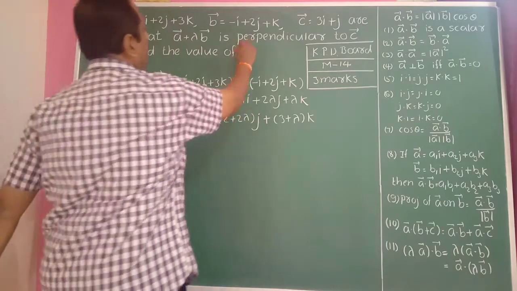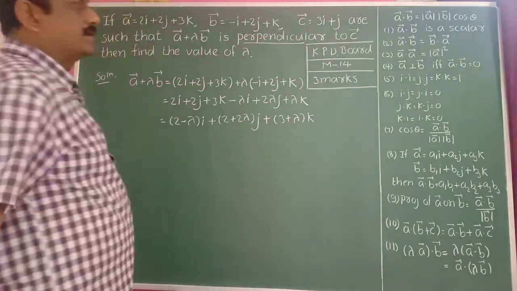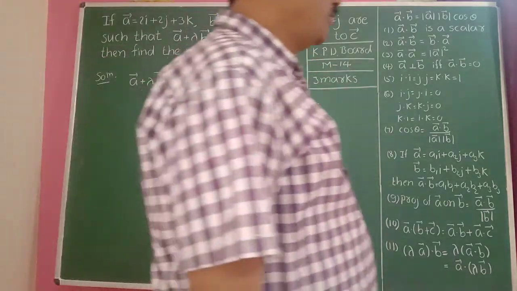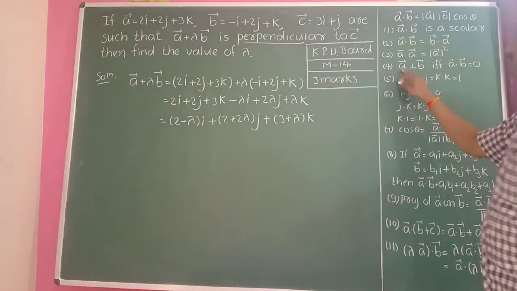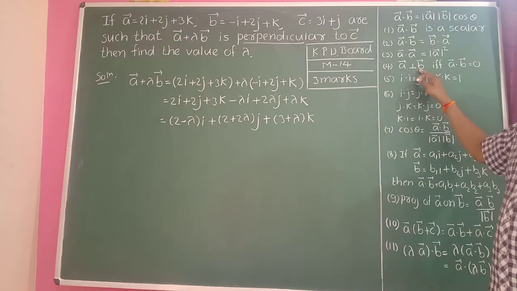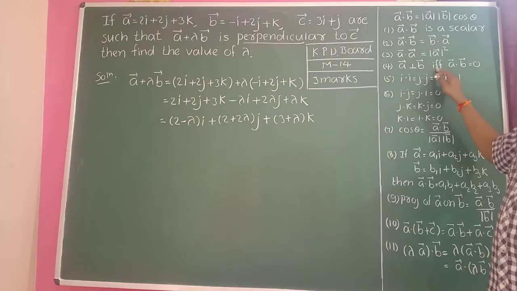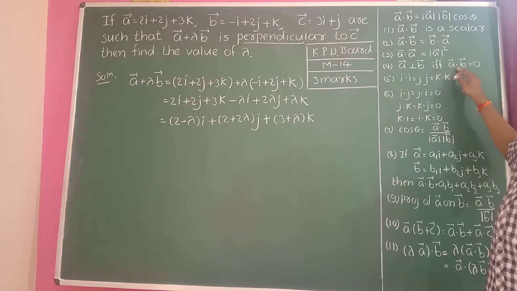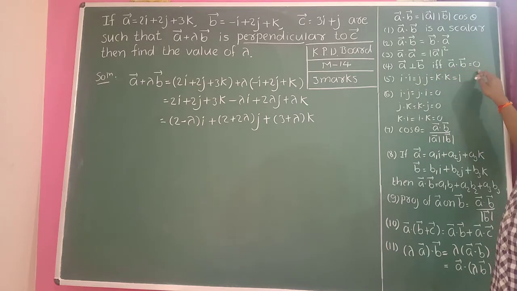And here they given this vector is perpendicular to the vector c bar. You know that two vectors are perpendicular if and only if the dot product is 0, a bar dot b bar is 0.